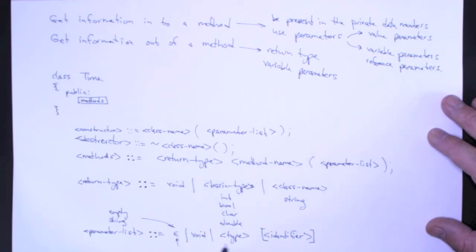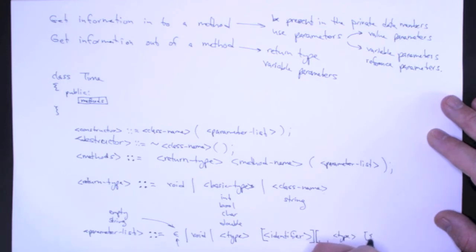And then you can have multiple parameters. Or I'm sorry, you can declare multiple variables. Let me just rewrite this a little bit. And they're going to have the same form, type, and then another optional identifier. So it could just be a comma-separated list of types.